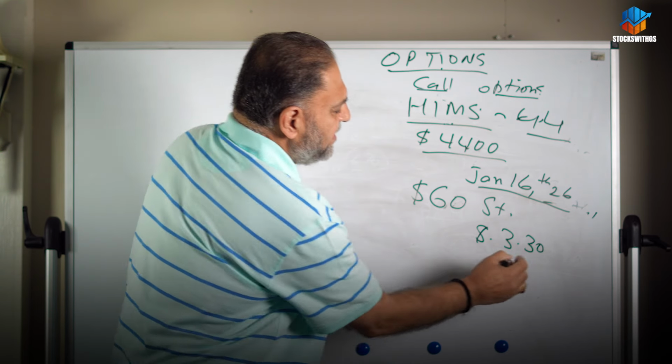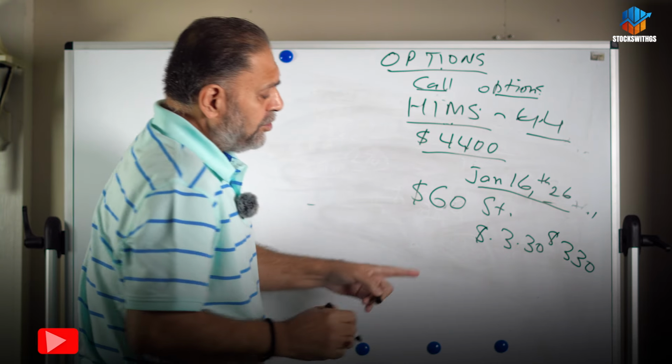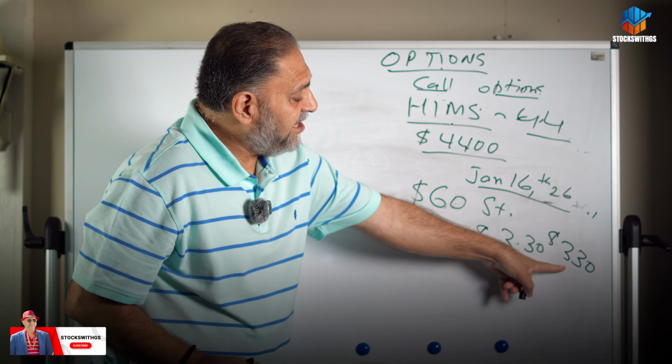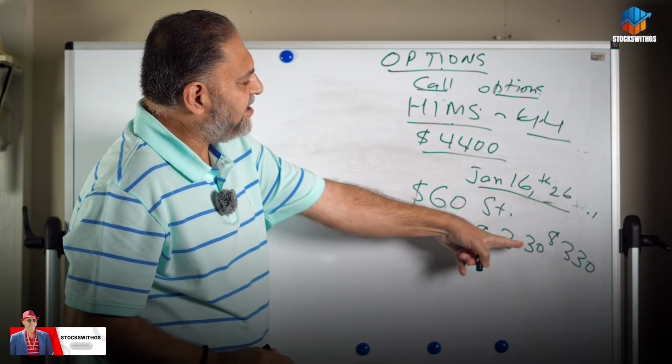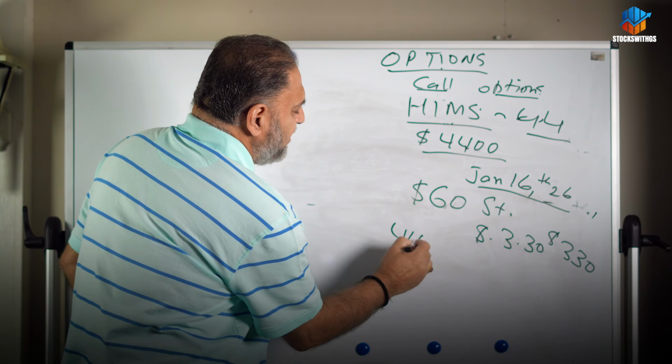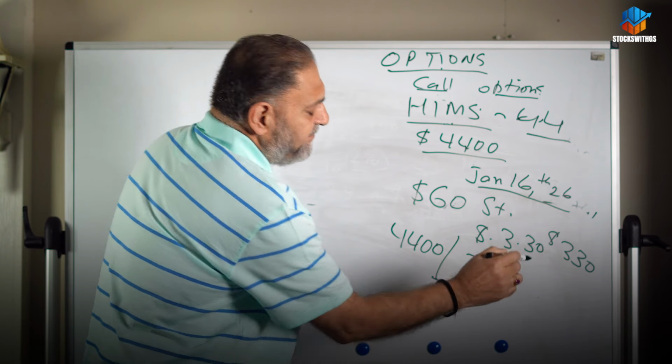So for 100 shares, it will be $330. So you make $330 premium. The guy pays you $330. So on your investment of $4,400, you make $330 for sure.